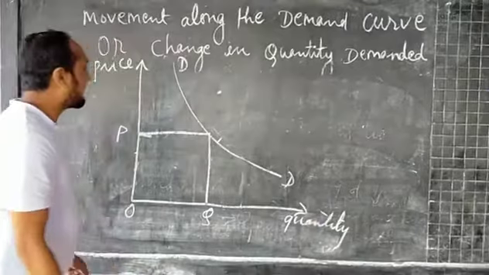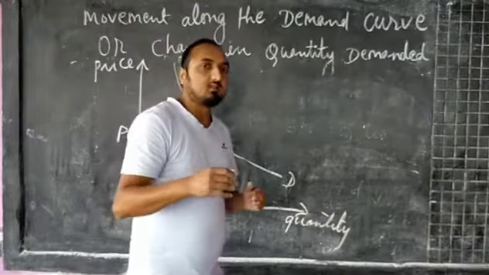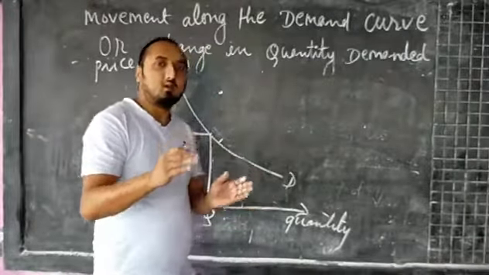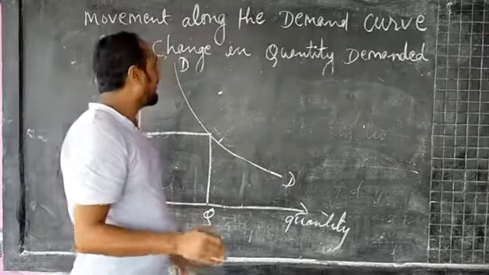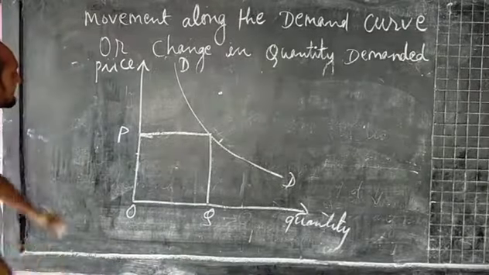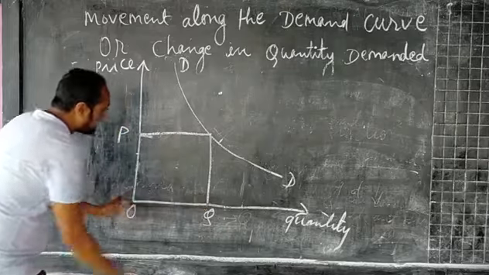Now next we have contraction of demand. When price of a commodity increases, the quantity demanded will decrease, other things remaining constant. That concept is known as contraction of demand. Let's consider OP as the initial price and OQ as the initial quantity.